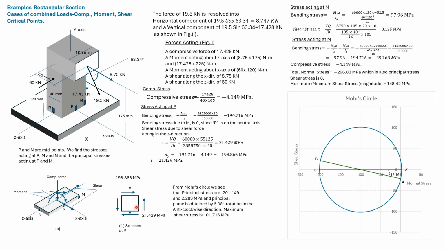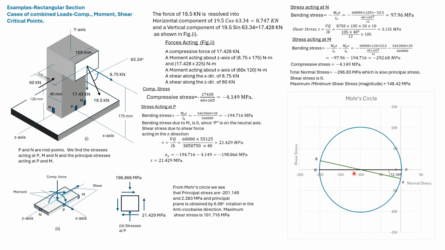These are the stresses acting on the element at point P. We plot the stresses on the right-hand face as A and the stresses on the top face as B. We can find the diameter, and as such we can draw the whole Mohr circle. We can find the value of the principal stresses, which are given here.